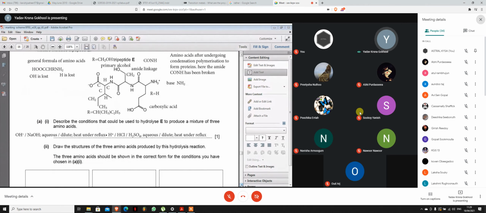In your marking scheme, you have been given London forces, but London forces is not for CIE, for those giving the exam this year. So those London forces can be replaced by what we call van der Waals. So we will have the cleavage of CONH.